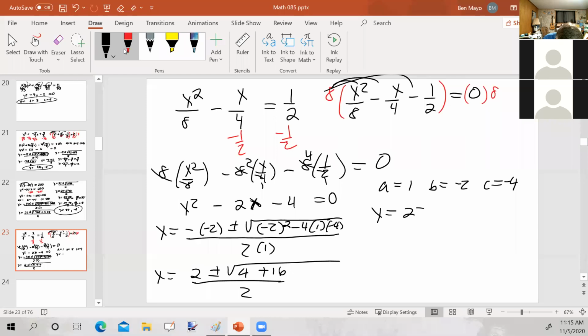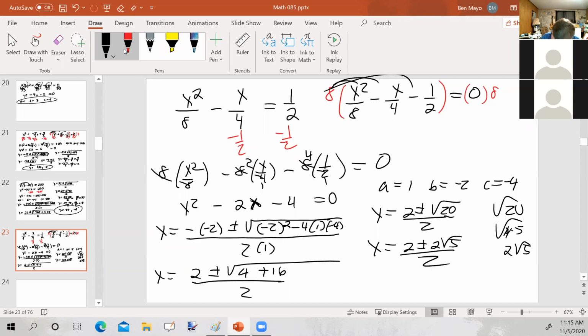X equals 2 plus or minus the square root of 20 all over 2. But the square root of 20 is the square root of 4 times 5, which is 2 square roots of 5. So x equals 2 plus or minus 2 square roots of 5 over 2.